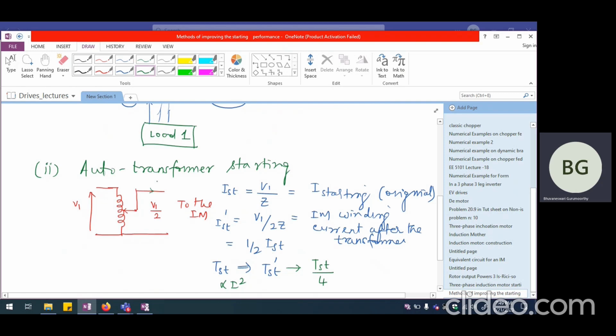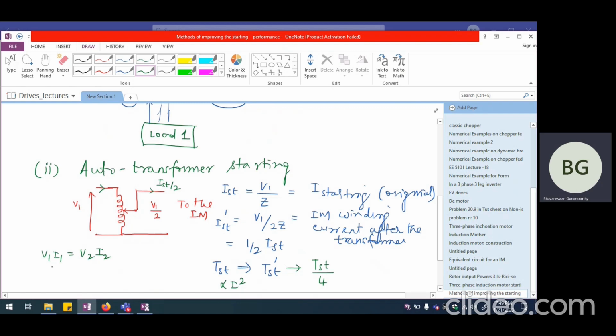Now this current is IST divided by 2. If you look at the primary side, this current is going to be halved further because V1 I1 is equal to V2 I2 as far as the transformer is concerned.